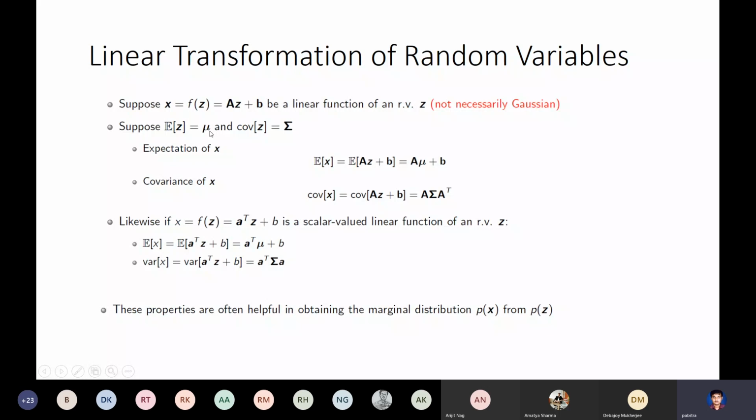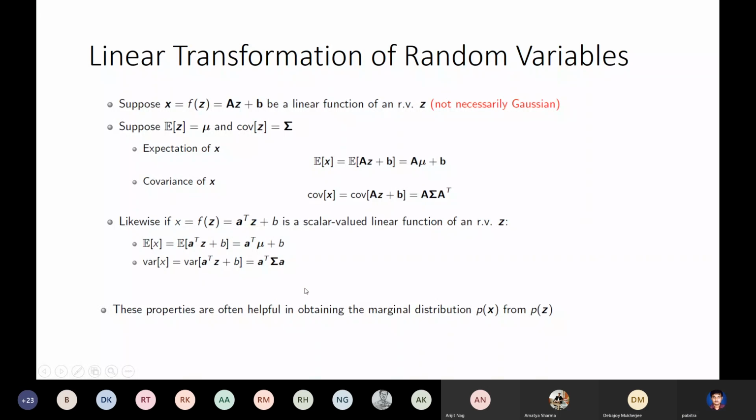It turns out, as we'll see next, that whatever be the probability distribution, if we do this kind of linear transformation, properties like expectation and covariance are of a simple form. If the expectation or mean of z is mu and the covariance is sigma, then the expectation of x is a mu plus b, and the covariance of x is a sigma a transpose.